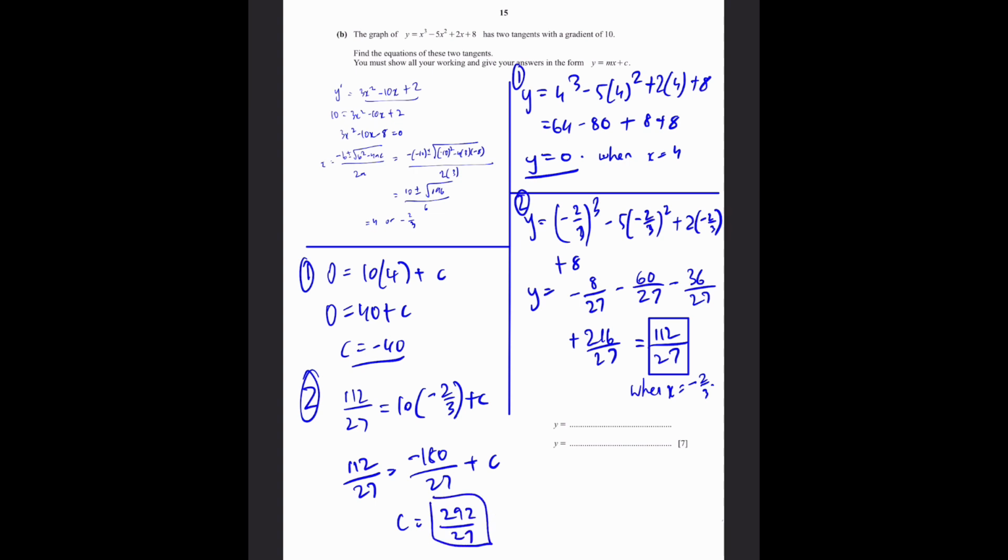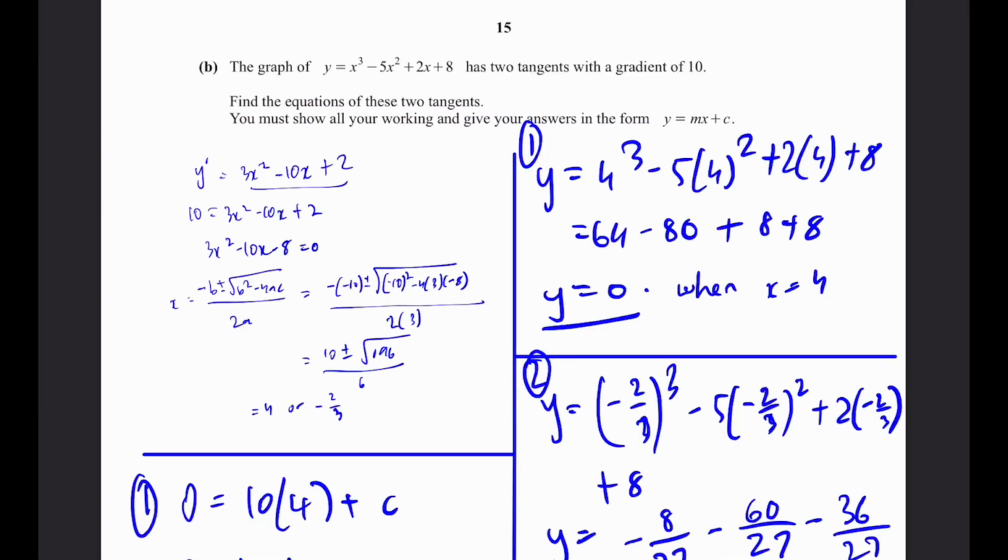And we can't simplify this, so we'll just write that. So y equals 10x plus, for the first one, minus 40. And for the second one, c is 292 by 27, so y equals 10x plus 292 by 27. This will be our answer.